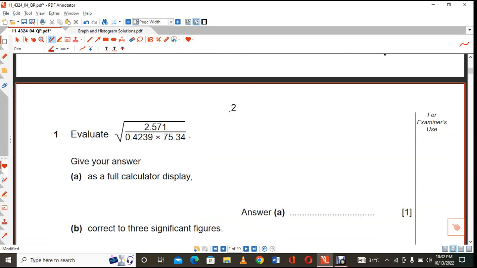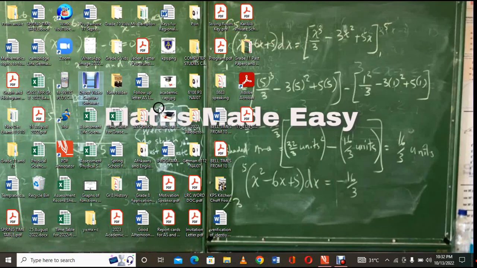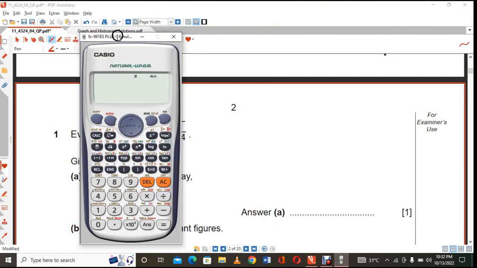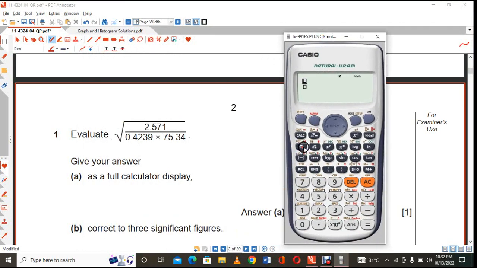Alright, so the first question says you are supposed to evaluate. So this one, you grab your calculator and make sure that you get the correct answer. It says you should evaluate, so make sure your calculator is working perfectly. So you have 2.571, and you should multiply that by 0.4239 times 75.34.